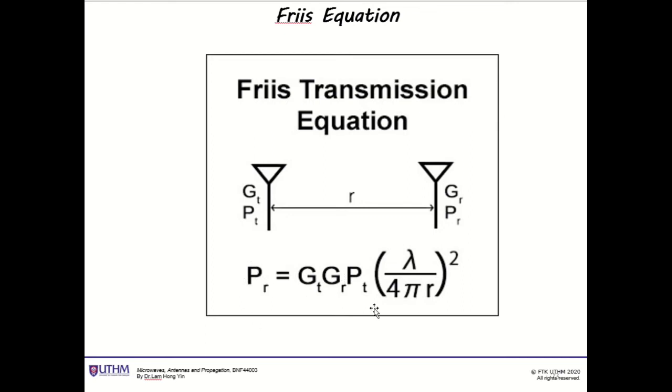So we want to calculate the power received at the receiver. So we use this equation. We need to know the power transmitted, the gain of the antenna at the transmitter and the receiver, and also the distance between these two, transmitter and receiver.